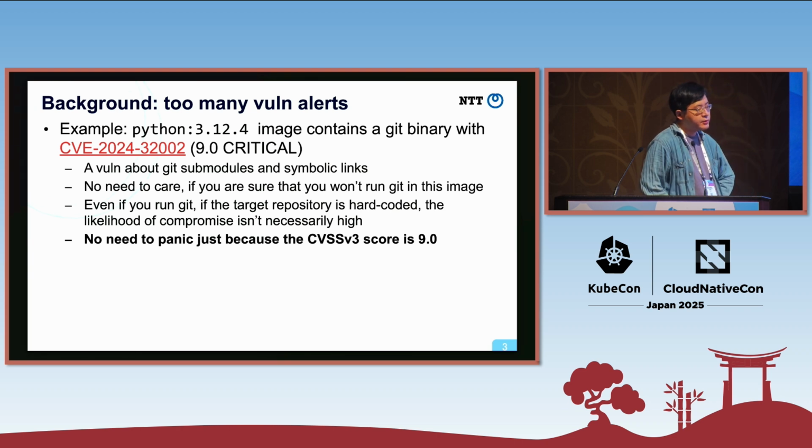And even if you run Git with this image, if the target repository string is hard-coded in your own application, the likelihood of compromise using this vulnerability isn't necessarily high. So you do not need to panic just because this CVE has a critical score of 9.0.